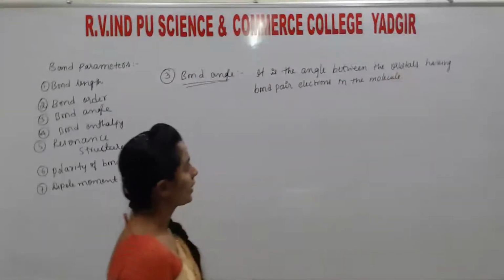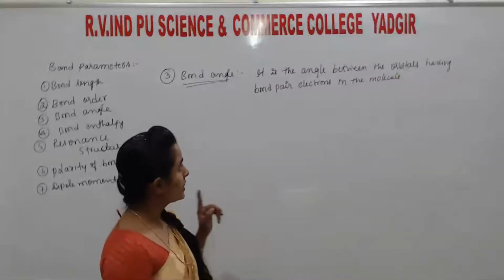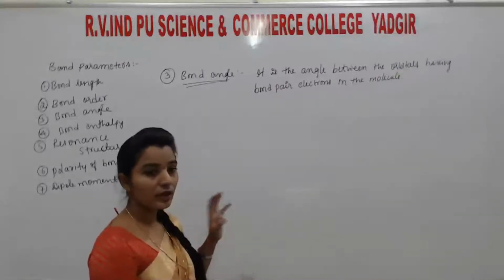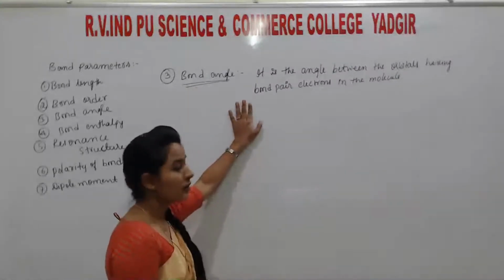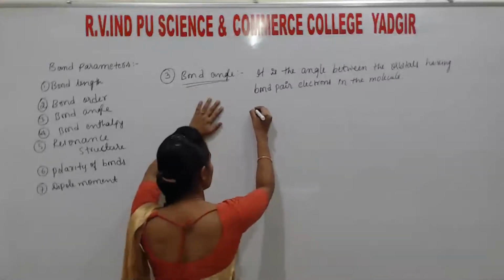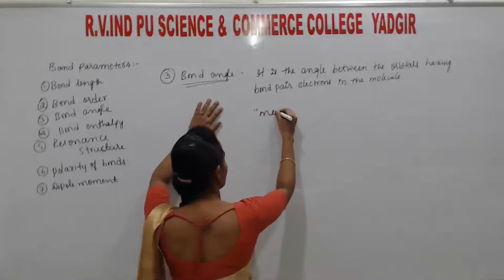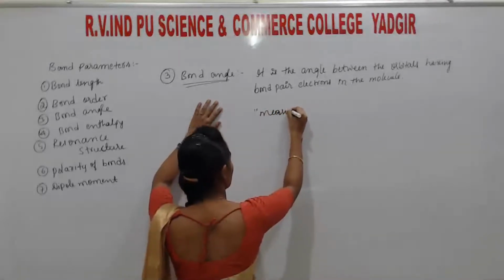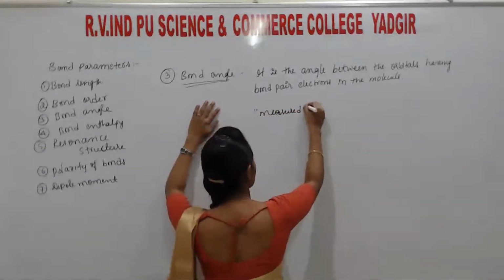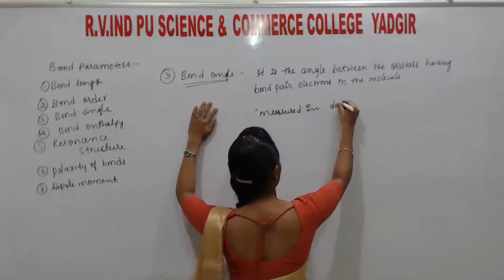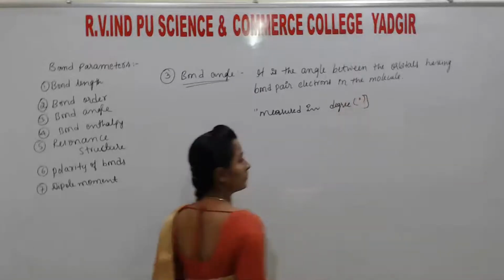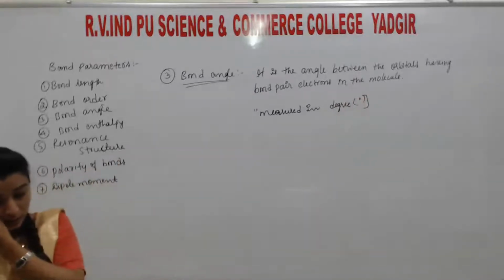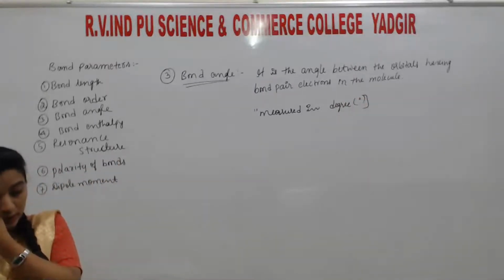It is the angle between the orbitals having bond pair electrons in the molecule, that is called bond angle. So students, this bond angle is measured in degrees.